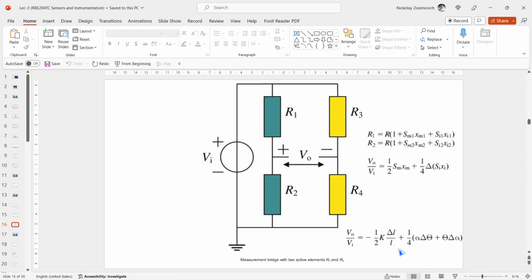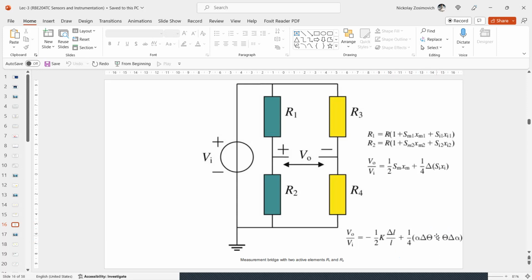Let's look at one example. If we have resistors R1 and R2 in our figure, and these resistors are strain gauges with strain sensitivity, like K or gauge factor, and alpha measured in Kelvin, the measurement signal is the relative deformation or strain, delta L over L, and the interference signal is a change in temperature theta.